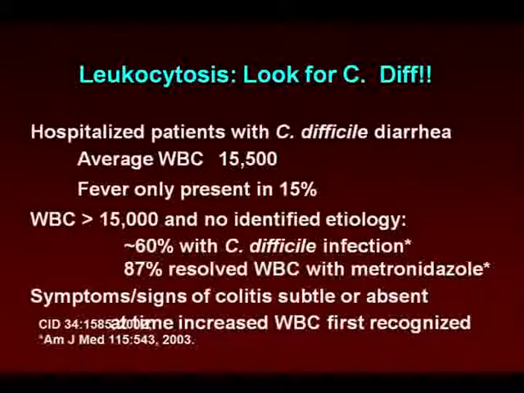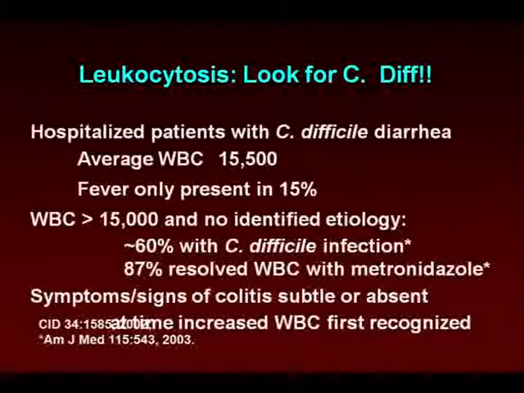Another thing to look for in the ICU is a patient with leukocytosis for no clear cause. There are patients who have C. diff colitis who do not yet have advanced enough disease to have diarrhea, but if you do a toxin assay, they will have C. diff.